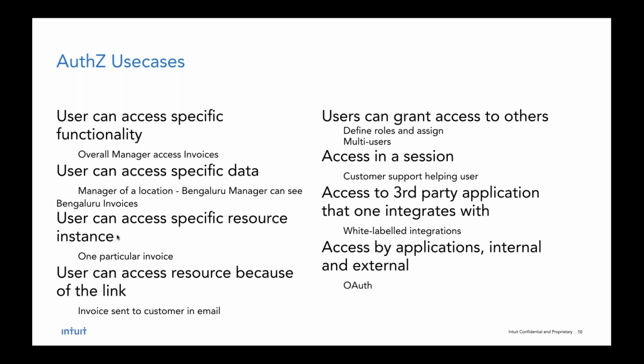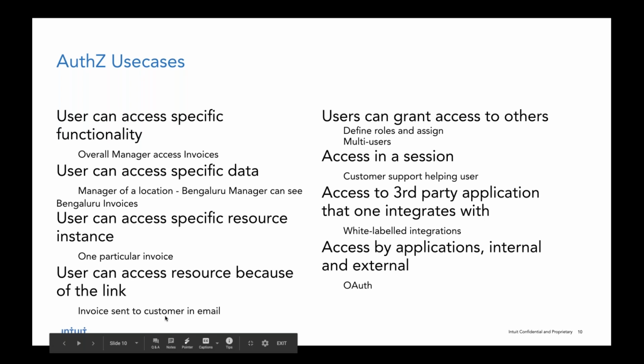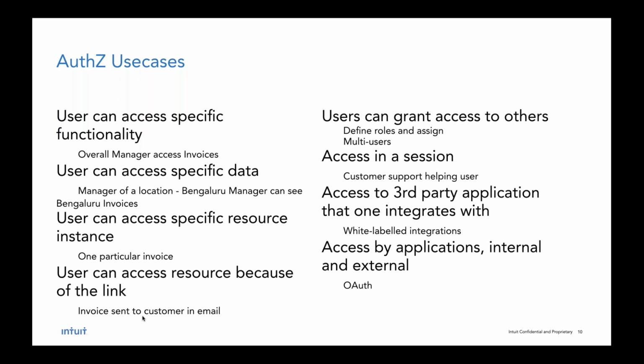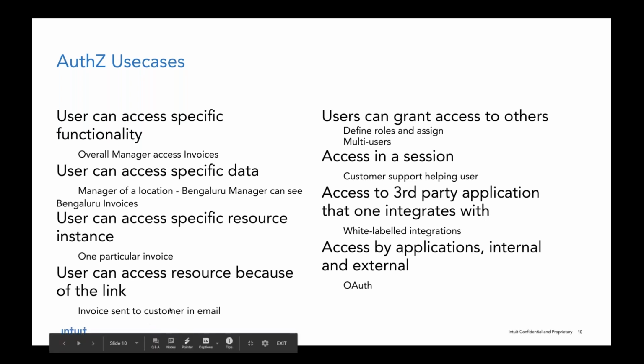Then it is possible that one particular instance of an invoice might be delegated to another user, and you might like to allow that kind of access. Now, when you send an invoice to a customer by email, the customer would like to see an online copy of it. In that case, the customer does not sign in to your system, but gets to see that particular invoice because of the link that was sent.